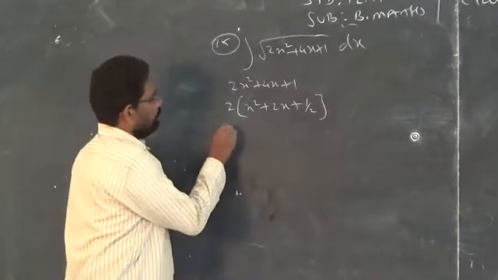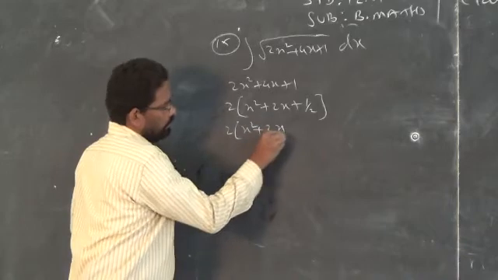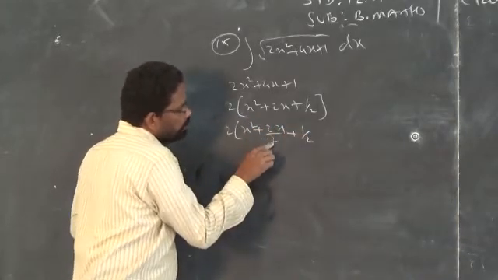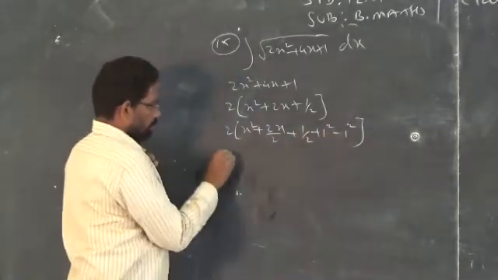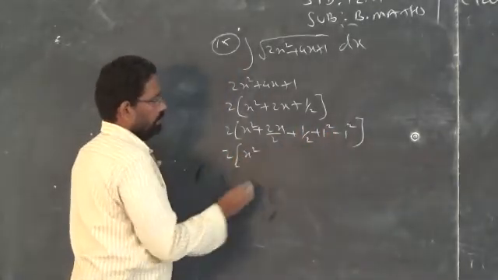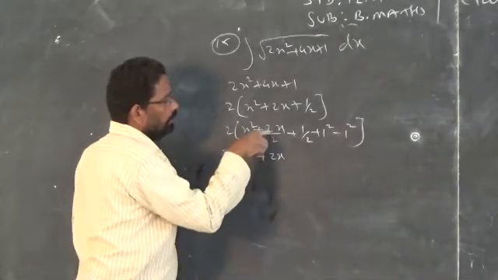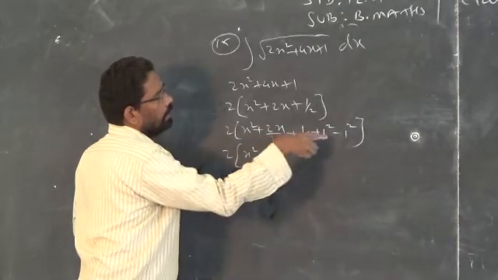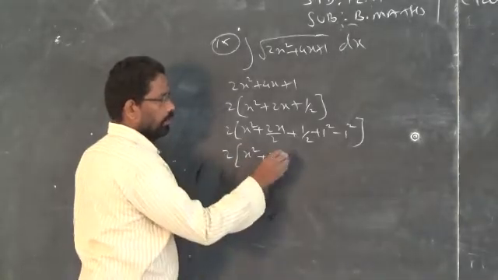Now, as usual, 2 of x square plus, divide the coefficient of x always by 2. What is your quotient? 1. So, add and subtract. 2 of x square plus 2x. Don't divide these two. This 2 is only to make you understand how to get the quotient. Don't divide and write again x, that is wrong.